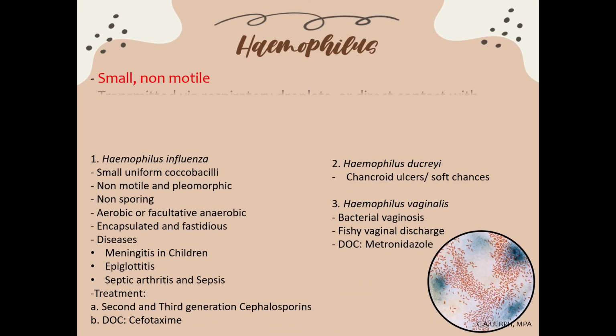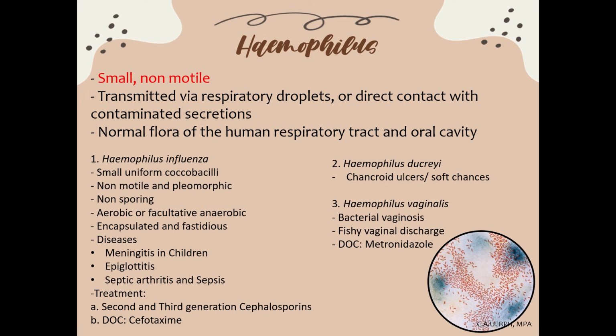Haemophilus can be transmitted via respiratory droplets or direct contact with contaminated secretions. These organisms inhabit the mucous membrane of the upper respiratory tract, mouth, vagina, and intestinal tract. The best known species that affects humans is Haemophilus influenzae, named long ago because of the erroneous belief that it was responsible for influenza.